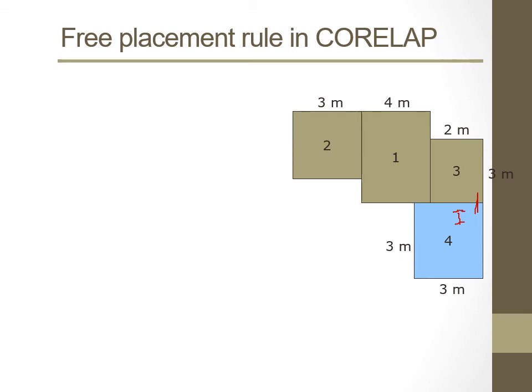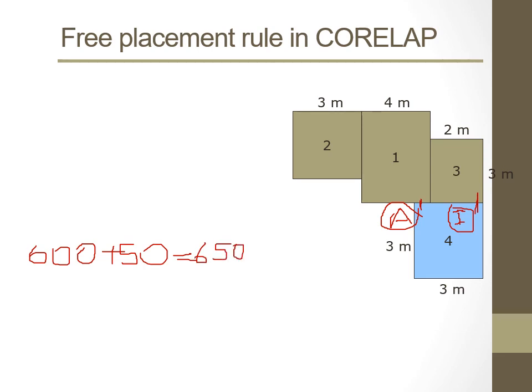And between 4 and 1, they are neighbors, and the relationship was A. Then the placing rating will be the weights of A plus I, which is 600 for A plus 50 for I, which will make the placing rating 650.